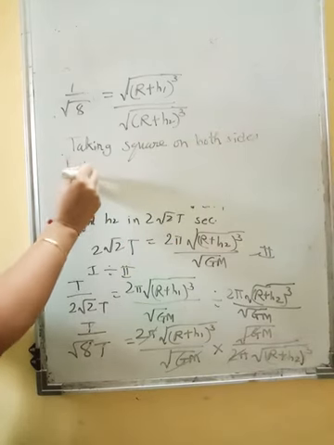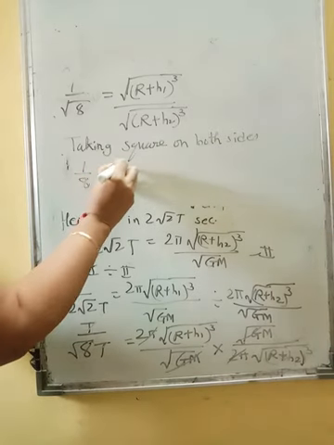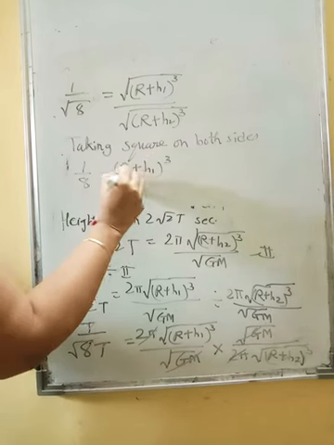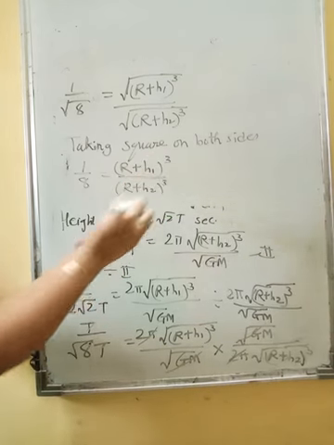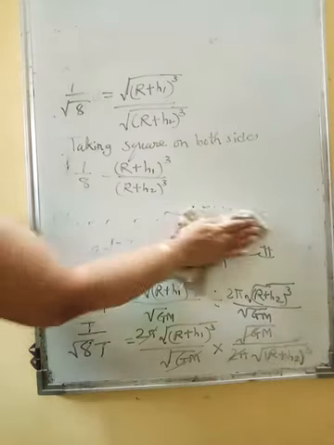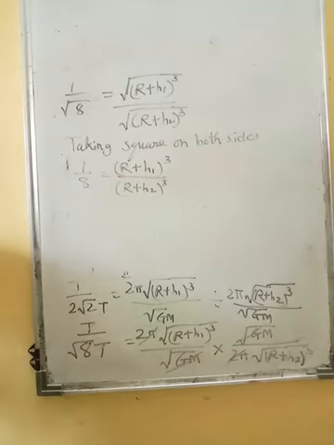So what will you be left with? 1 upon 8 is equal to (r plus h1) the whole cube upon (r plus h2) the whole cube. अब देखो यहाँ पे भी क्यूब है, तो मैं क्यूब रूट ले लूँ.